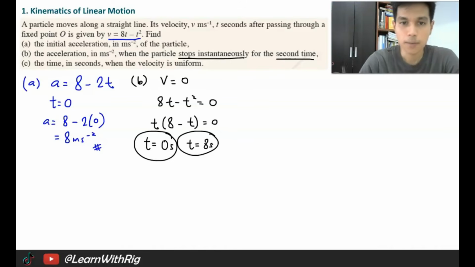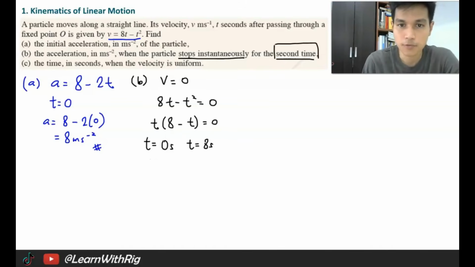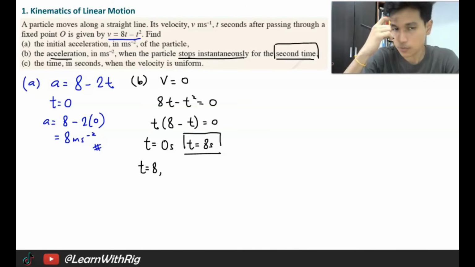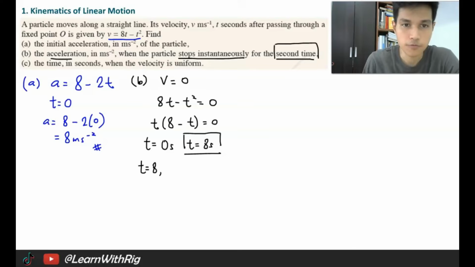So these are the two timing where the particle stop instantaneously. Okay, but the question is asking for what? The second time. So this is not the answer then, because this is the first time, right? When t is equals to 0. So you are looking for this when t is equals to 8. So when t is equals to 8, you want to find your acceleration. So you must substitute the t equals to 8 into your acceleration formula. So it's a equals to 8 minus 2t.